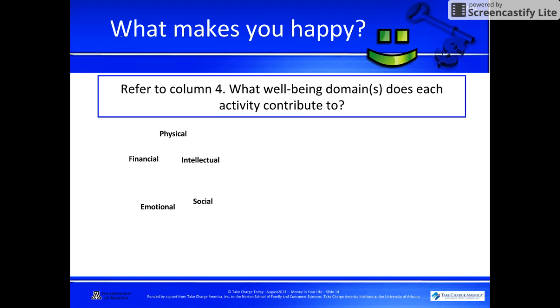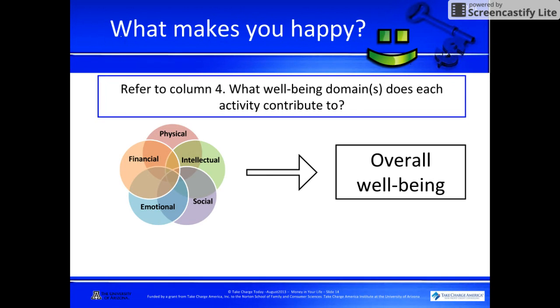So now we can go and finish column 4 on what makes you happy. I would like you to go through each of your 5 activities that make you happy, and I want you to assign a well-being domain to each of those activities. Is that activity physical, intellectual, social, emotional, or financial? You need to figure out which well-being domain applies to each of your activities.